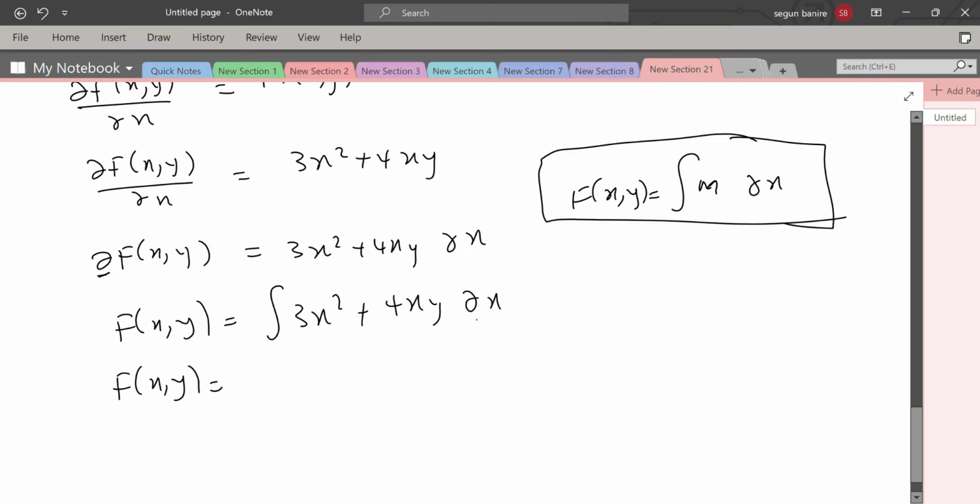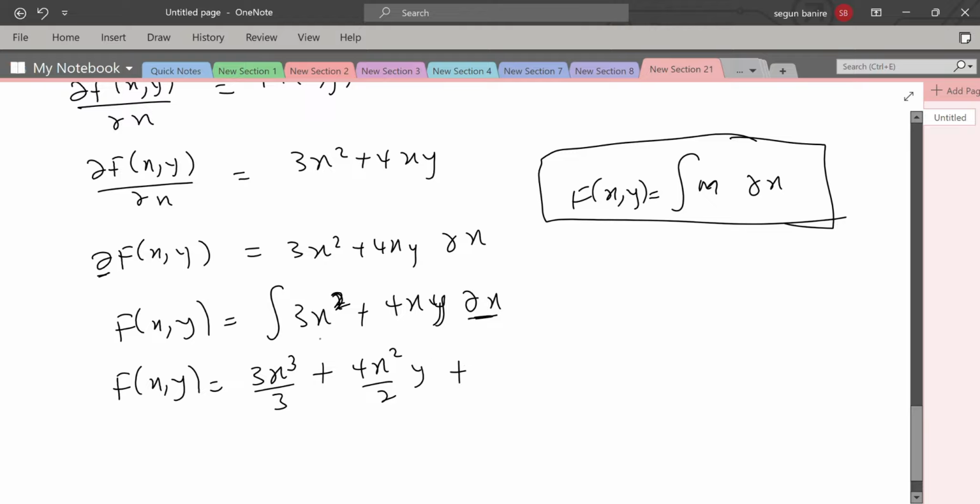But you have to take note of something also. Integrating this with respect to x, you can see that it's a curly d, it's not a full d. So we are integrating with respect to x. This is a partial integral. So we only focus on the x part, and the y is like a constant. Integrating the x here, you have 3x cubed over 3 plus 4x squared over 2 times y.